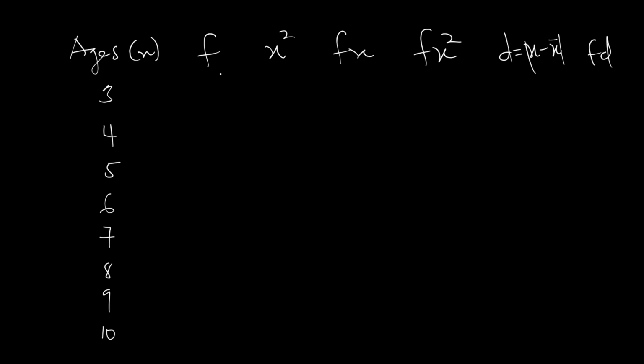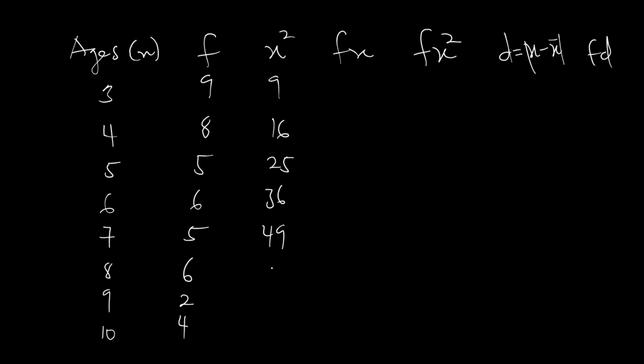And for our f, we have 9, 8, 5, 6, 5, 6, 2, and 4. For our x squared, which is the ages squared, we have 9, 16, 25, 36, 49, 64, 81, and 100.